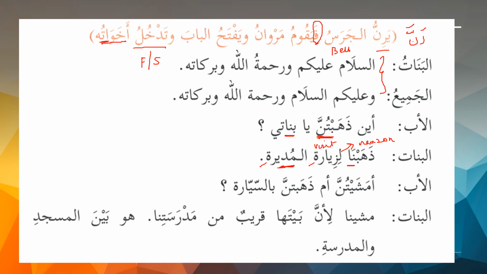So father says, mashaytunna, which comes from the verb masha. Masha means to walk, and this is a verb with an alif maksura at the end. So there is a rule here: when you come across a verb which has an alif maksura at the end, they usually turn into ya when they change their structure in present tense.